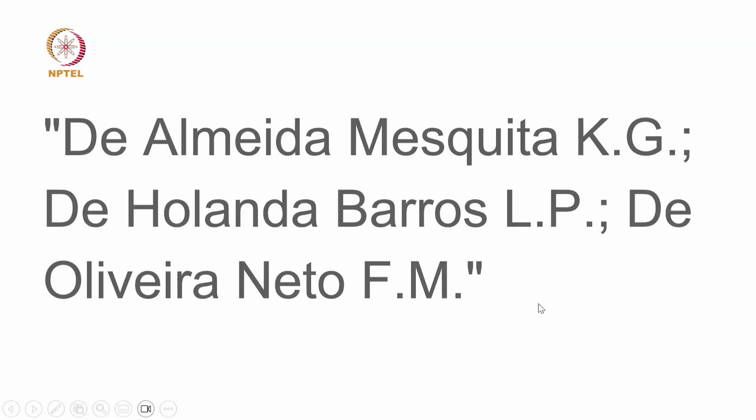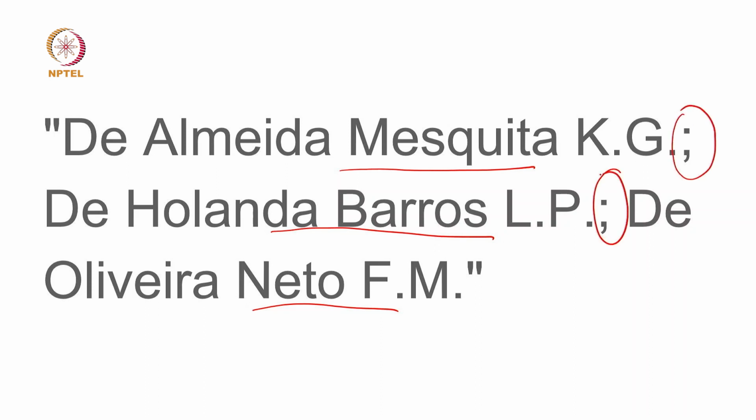If you see here these author names, can you identify some patterns? This is one author name, then this is another author name, and this is another author name. So one pattern I can see is that all these author names are separated by a semicolon.